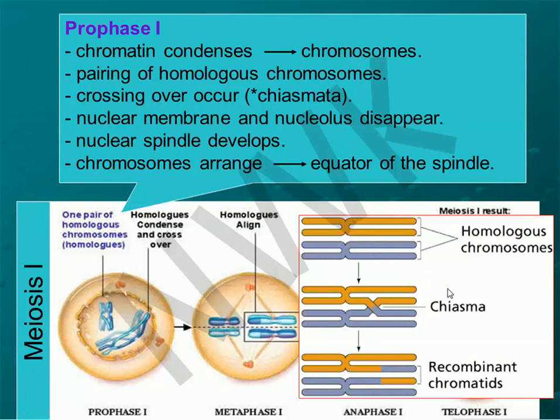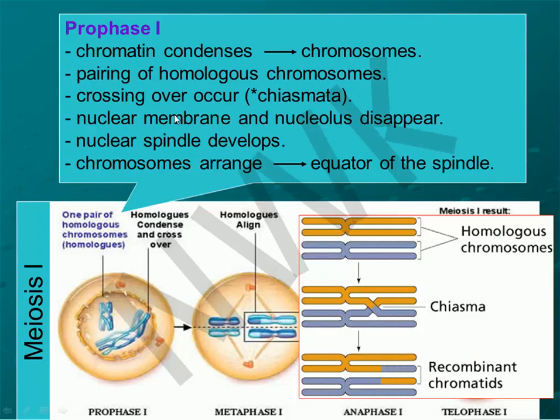What is a non-sister chromatid? This chromatid in yellow and this chromatid in yellow are sister chromatids because they duplicated from the same chromosome. And this one in blue and this one in blue are also sister chromatids. But this chromatid in yellow and this chromatid in blue are non-sister chromatids because they are from different parents. So crossing over involves the overlapping of chromatid arms between non-sister chromatids so that they can create variation in the gamete.